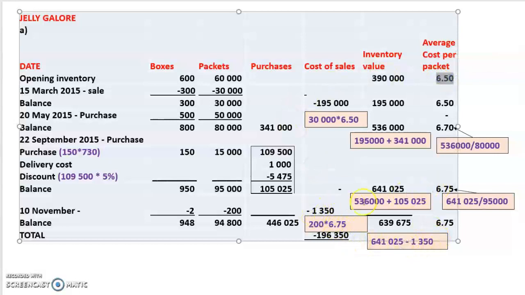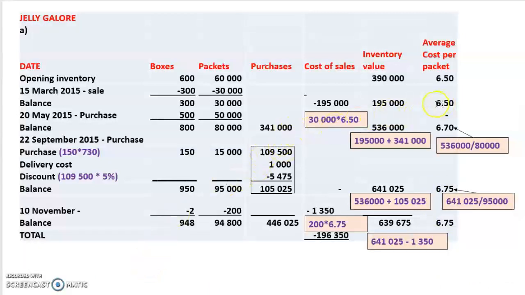Here you can see R6.75, a sales transaction took place, so our average cost per unit was the same as before. So we can come to the conclusion that sales transactions have no impact on the weighted average cost per unit, and only purchase transactions change the average cost per unit.